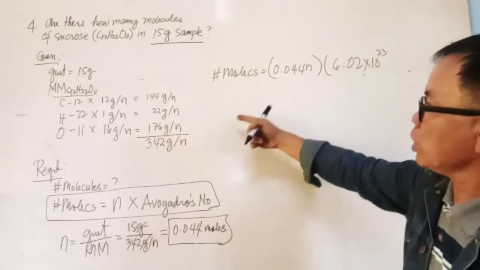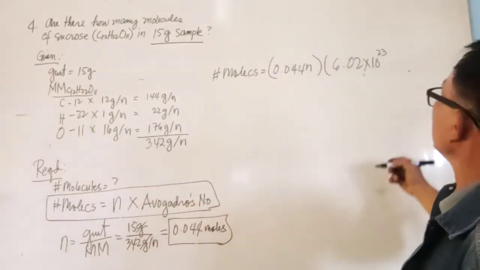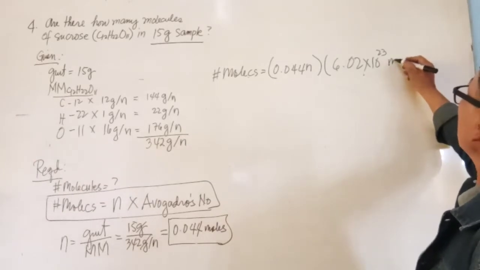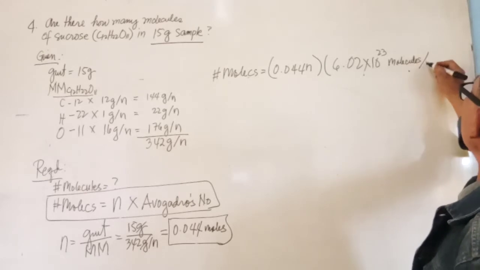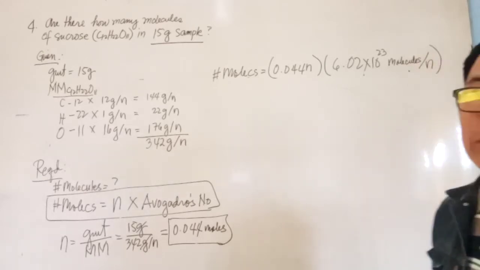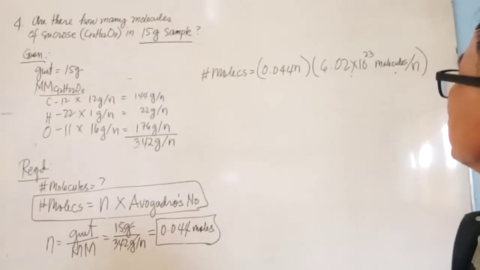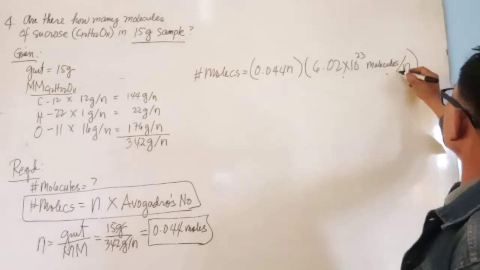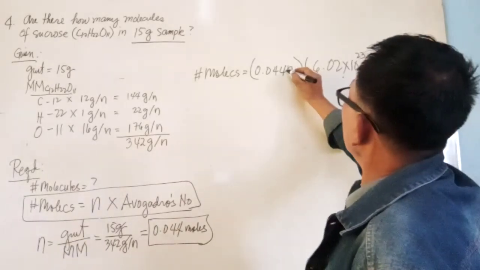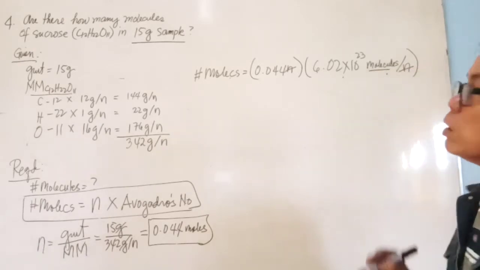Since this is a molecular compound, the particle of this is molecule. Molecules per mole. Okay. So that is how the values go. Alright. Now what we are going to do here is you have to cancel the unit mole or moles, so that what remains now as the unit is expressed in molecules.